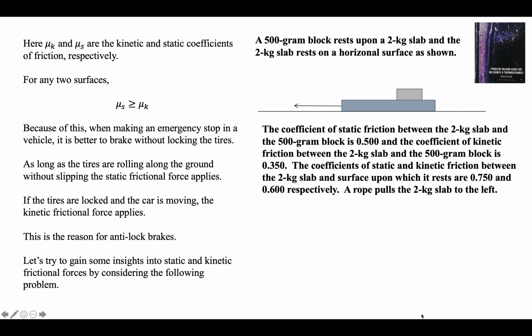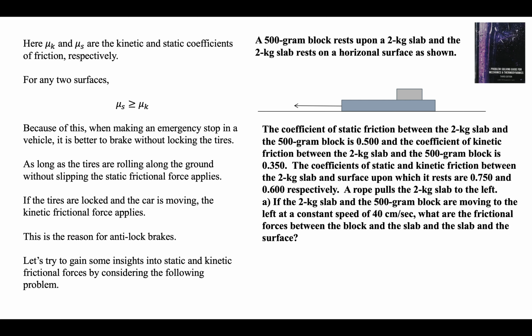The coefficient of static friction between the 2-kilogram slab and the 5-kilogram block is 0.5. The coefficient of kinetic friction between the 2-kilogram slab and the 5-kilogram block is 0.35. That's this surface right here. For the bottom surface, the coefficients of static and kinetic friction are 0.75 and 0.6, respectively. A rope pulls the 2-kilogram slab to the left.